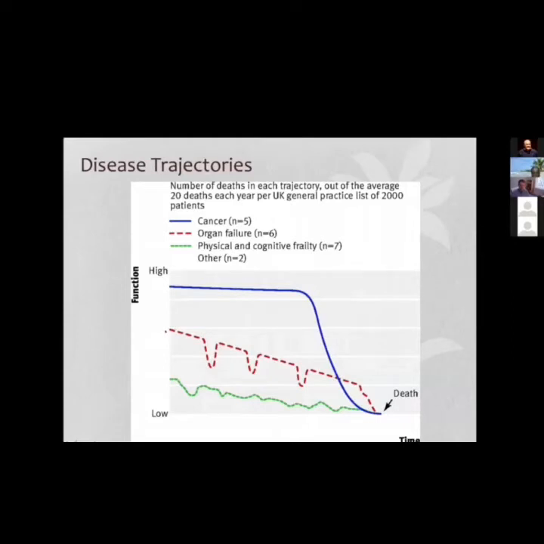The whole area of organ failure and chronic disease is vastly increasing in all parts of the world, and how we manage things like heart failure and COPD and kidney disease and liver disease, things of that nature.